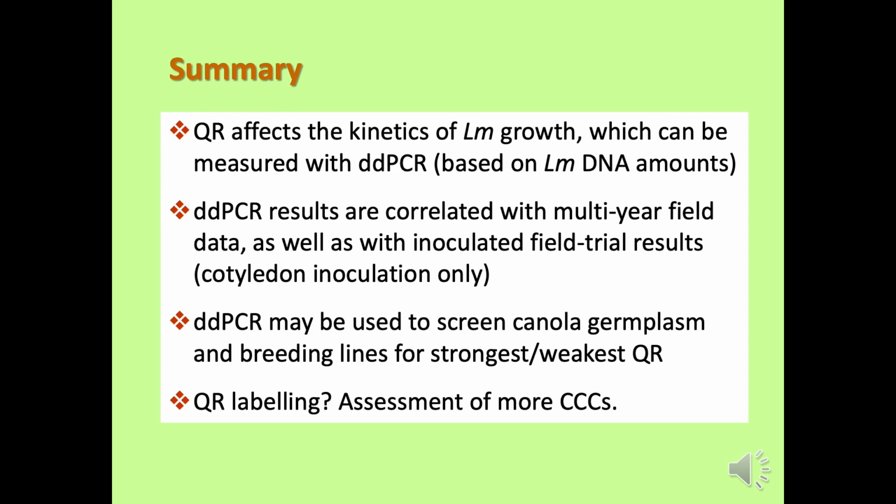This is a good approach to select the targeted candidates for field trials if that is the last step of the assessment. For QR labeling of canola varieties, it may need a little bit more work, and we are expanding the assessment with more commercial varieties.